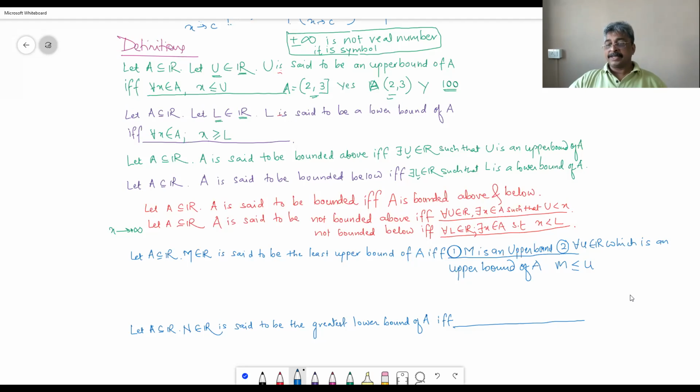Then we will call M the least upper bound.